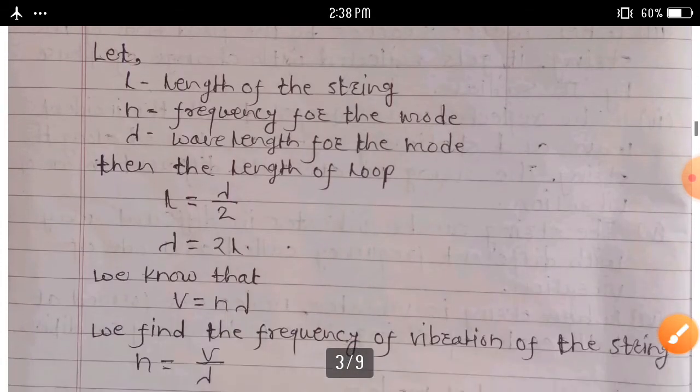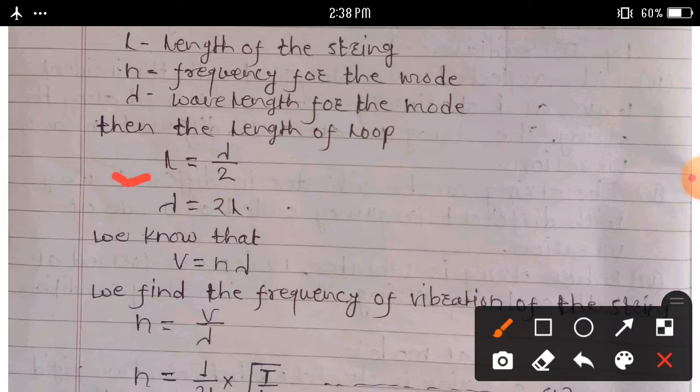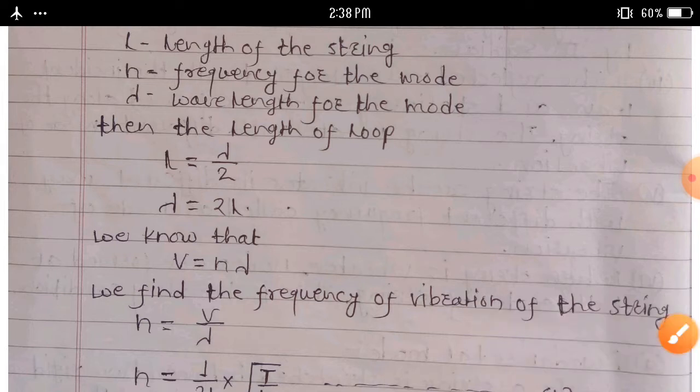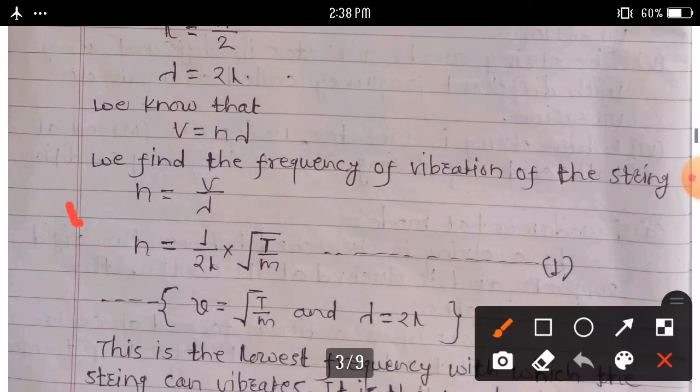Then we can write l is equal to lambda by 2. Then we can calculate the wavelength: lambda is equal to twice l. We know the relation v is equal to n lambda. Then we can find the frequency of vibration of the string: n is equal to v upon lambda.